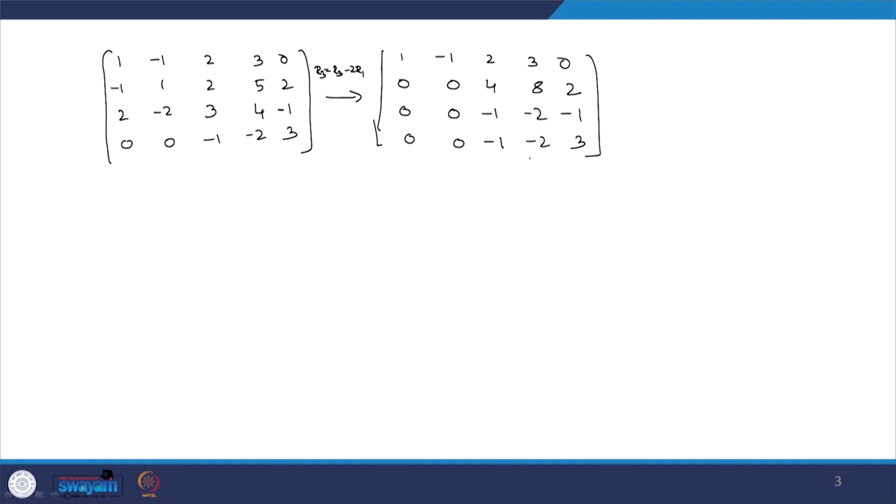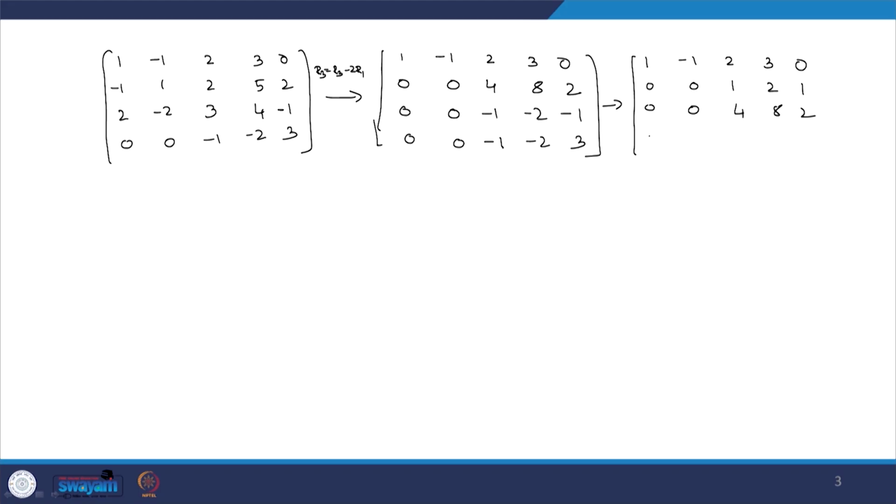If I go to the next step, this is again 1, minus 1, 2, 3, 0. I can exchange the third row to this one, so 0, 0, 1, 2, 1. Then I can have the second row as the third one, 0, 0, 4, 8, 2.